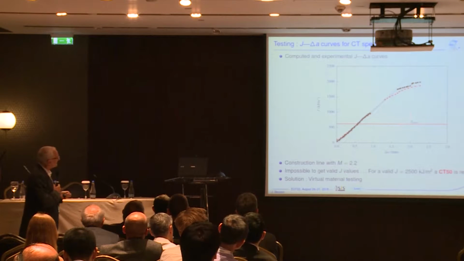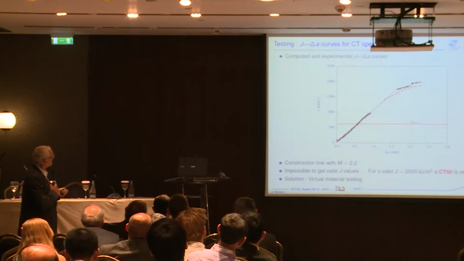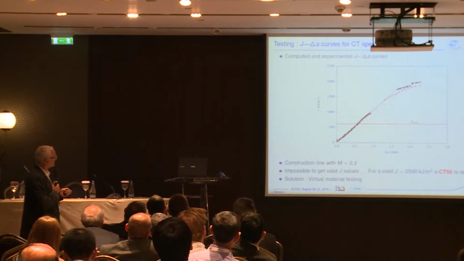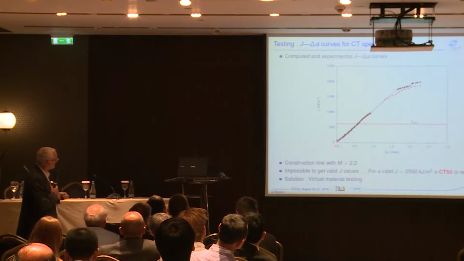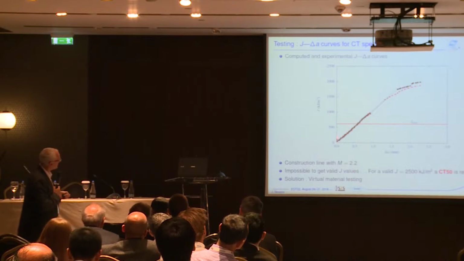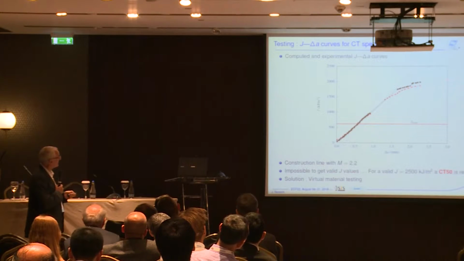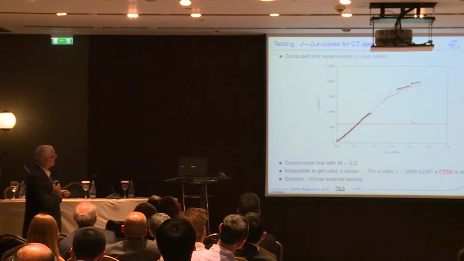So here are two tests, for instance, and the experimental J delta a curve. There's no computed J delta a on this one, but let's plot crack advance versus J. So you get a pretty linear curve, really corresponding to blunting. There's a little bit of deviation here.